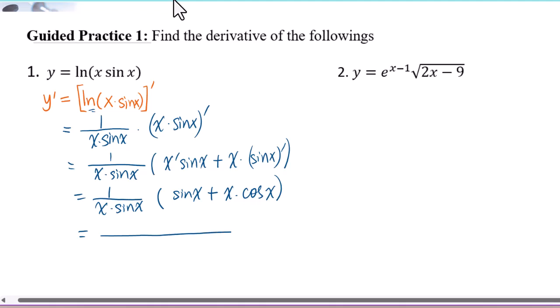So organized: sin x plus x times cosine x over x times sin x.